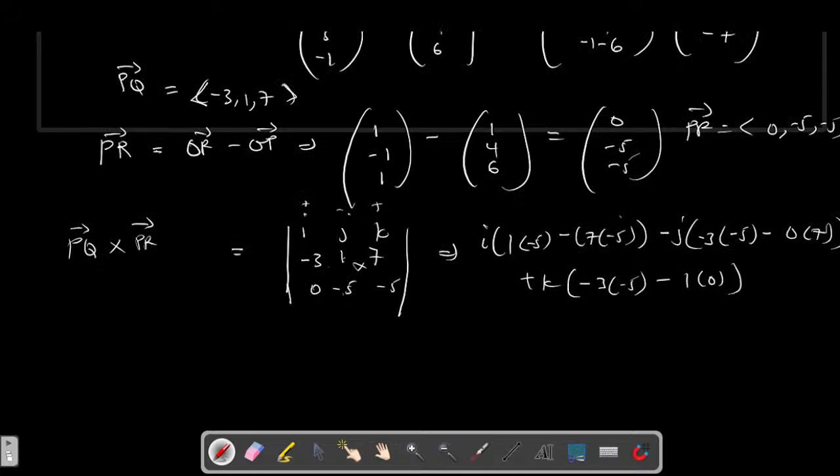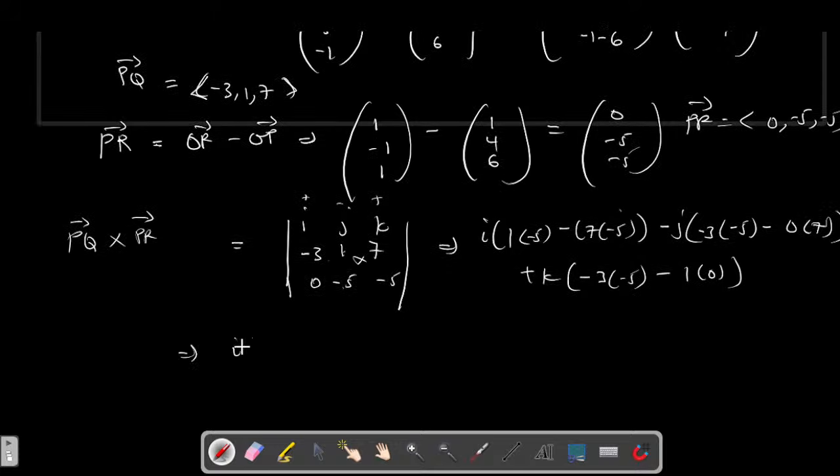So our cross product simply gives us i open brackets. This is negative 5 and this is plus 35, right? So negative 5 plus 35, minus j. Then this is 15, this 0. So minus 15. Right? Oh, sorry. This is 1 times negative 5, so negative 5. Then we come here plus k.